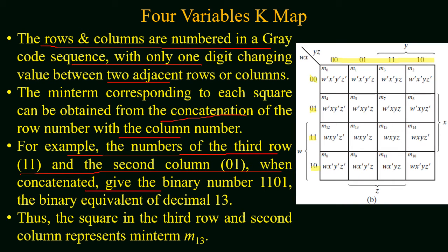When they are concatenated, they give a binary of 1101 and this 1101 has a binary equivalent of 13. So the square in the third row and the second column represents minterm M13. If you look at the map, for every square, the binary value, the minterm and their designations are also given.